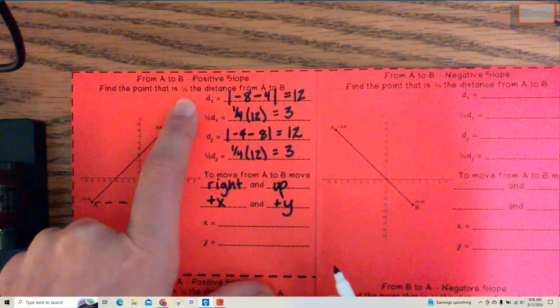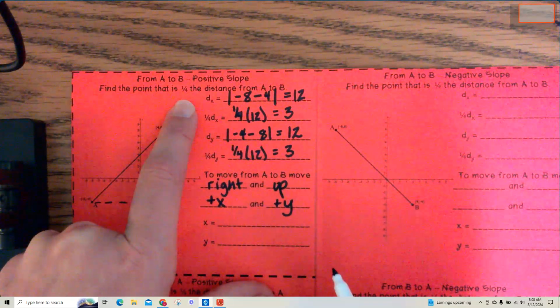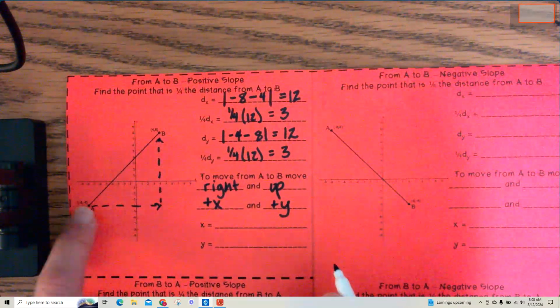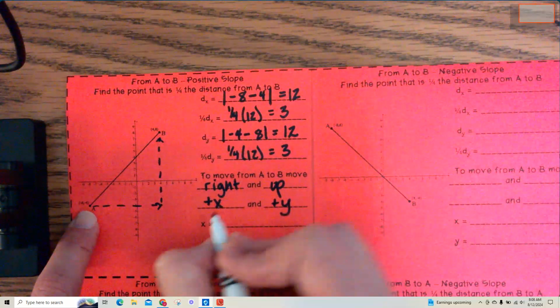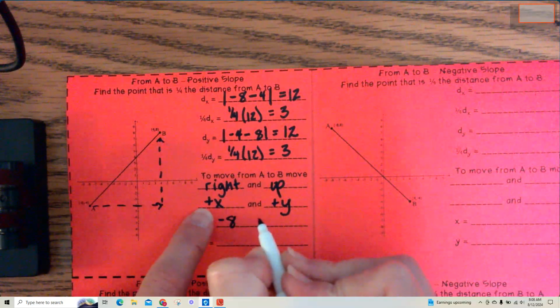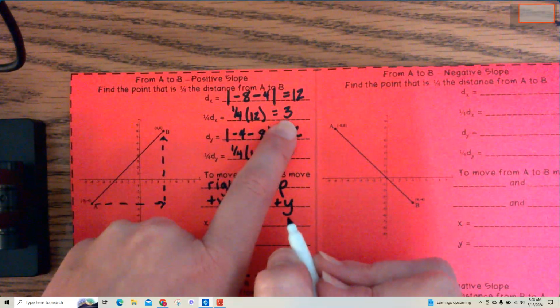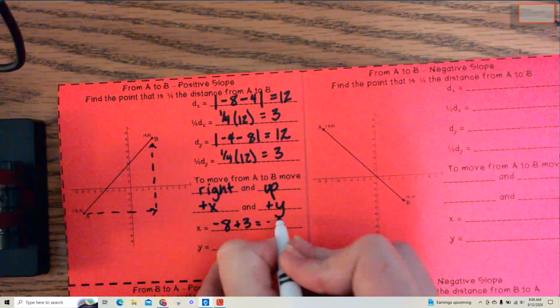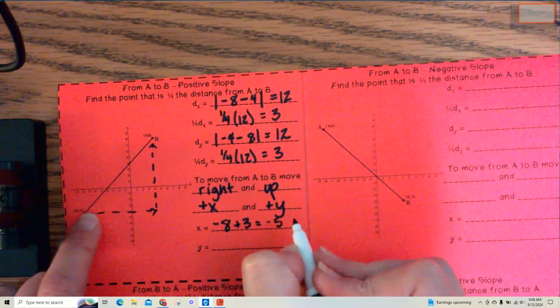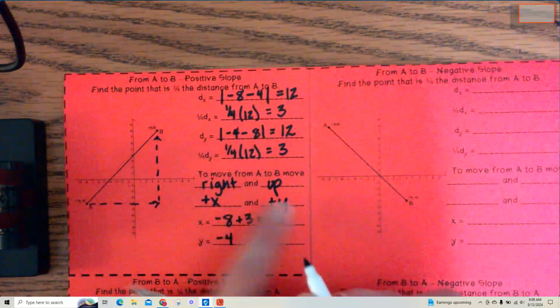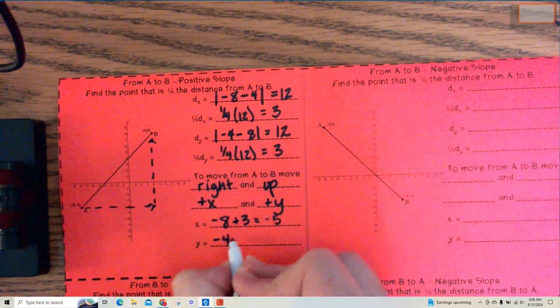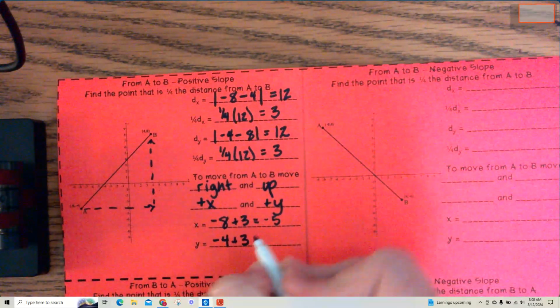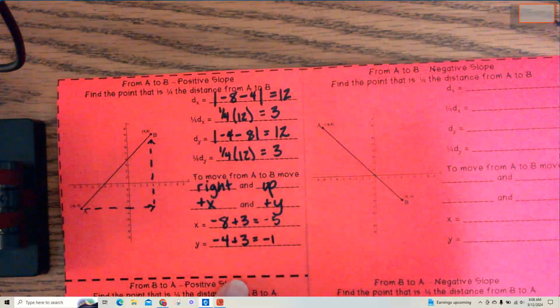So to find that point, we're starting at A, so we're going to take that x value, which is -8, and we're going to add the x distance, which would be 3. So that's going to be -5, and then the y value is -4. Going to add the y distance, which is 3, and that's going to give us a -1.